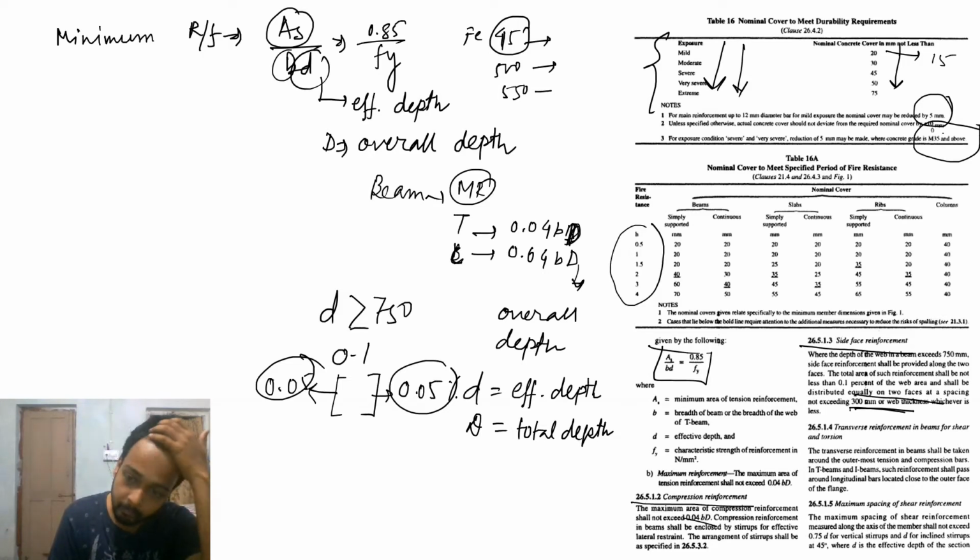Transverse reinforcement in the beam. The transverse reinforcement in a beam shall be taken around the outermost tension and compression bars.